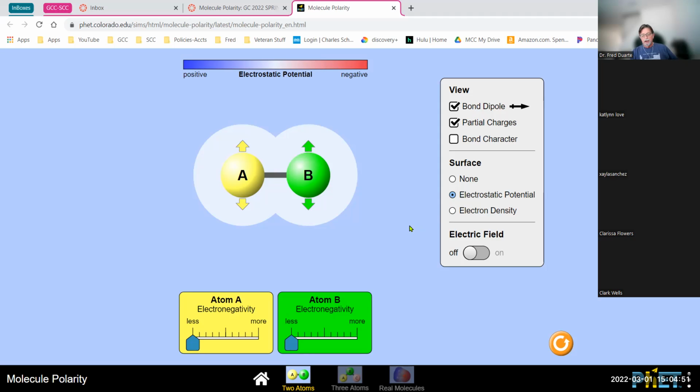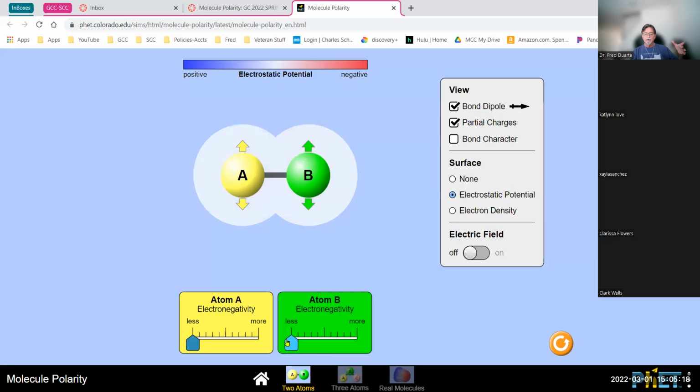Now grab any of the atoms, A or B. I'm going to take the slide here for B, select it, and drag it over to the right. Notice the electrostatic potential on B starts to get red in color, and on the A side becomes blue.